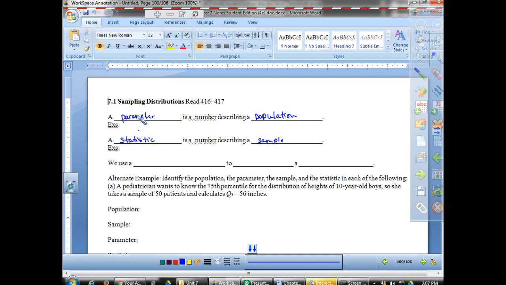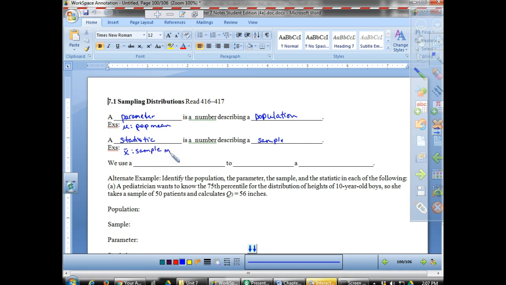But what do we mean when we say parameter or statistic? Let me give you some examples. A parameter is usually given a symbol, and that symbol is usually going to be a Greek letter. So we have mu, not always, but usually. This is going to be the population mean, as opposed to a statistic, which would be the sample mean.